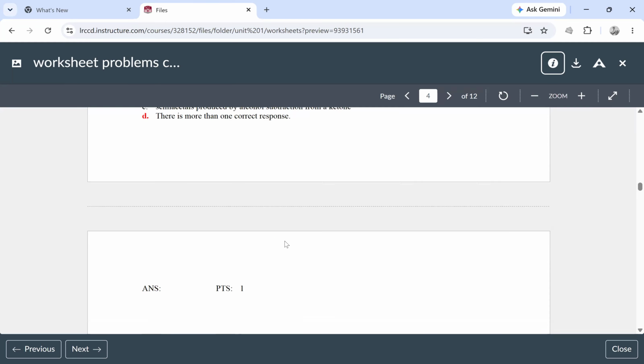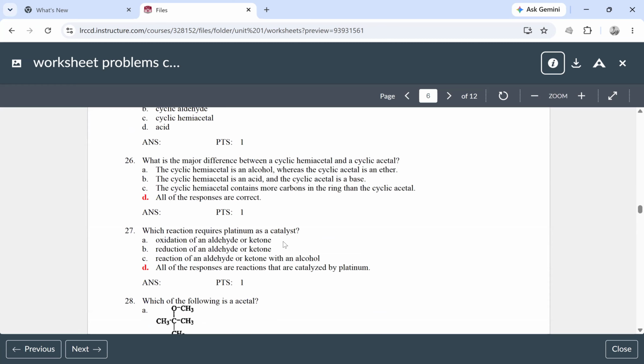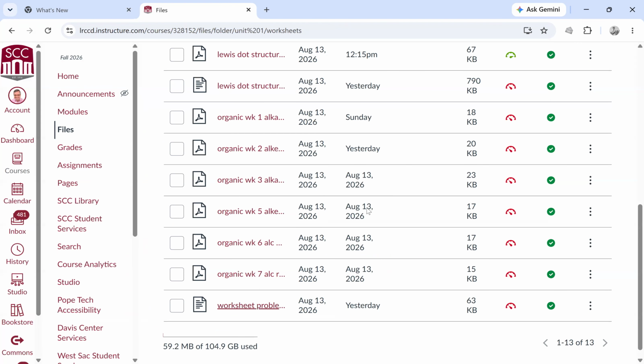So it's more practice. You can do this digitally, do them, print them out and do it on a worksheet. You can email me questions or you can ask me questions during lecture, either way, or during lab. Lab's probably better because I'll be right there.